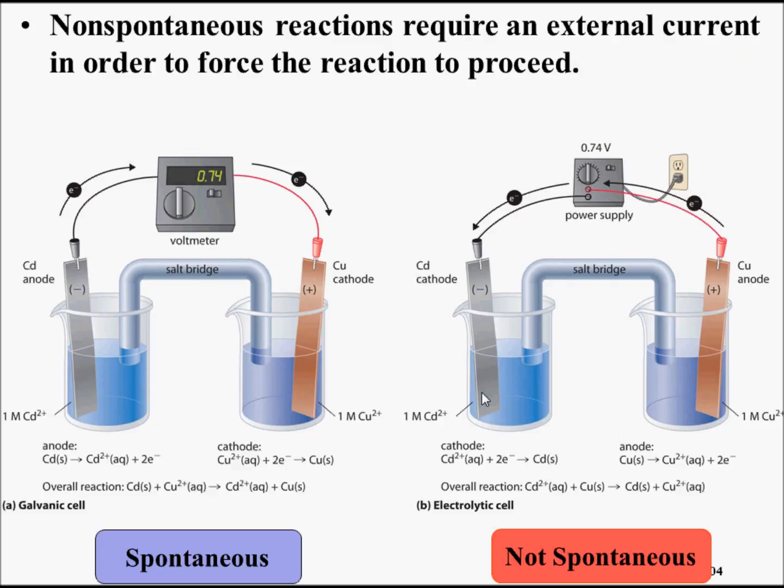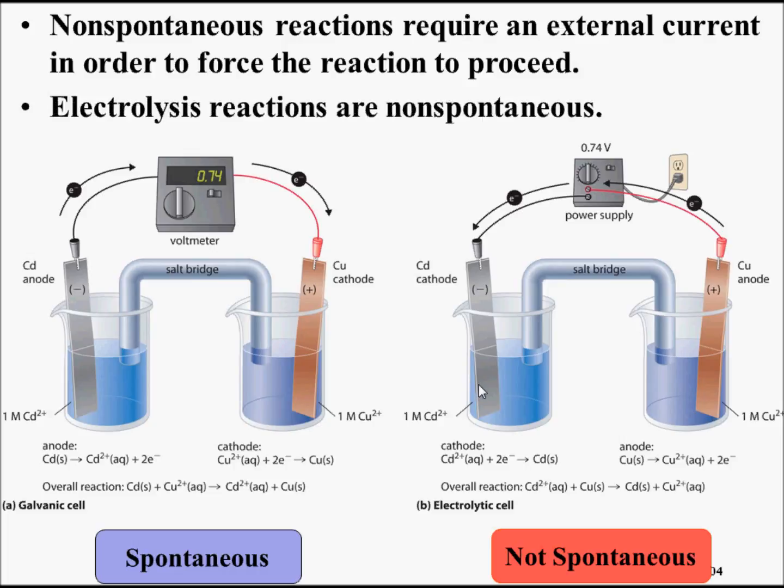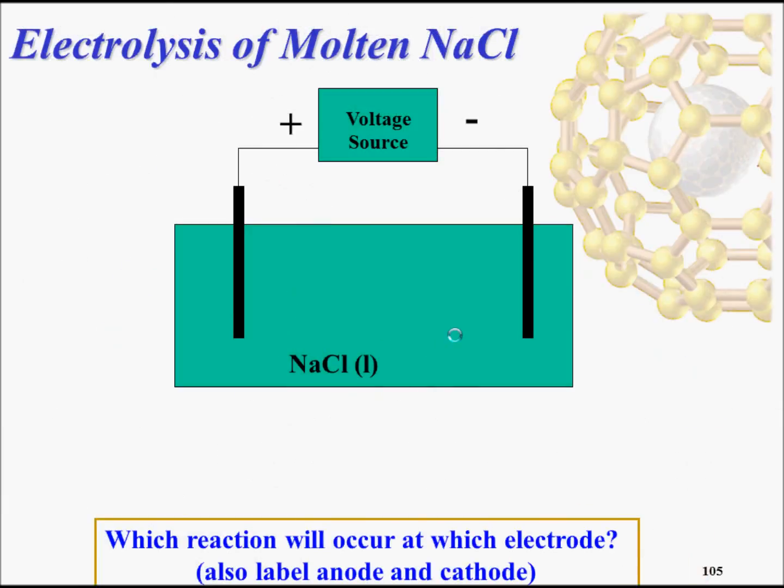We need some type of external power supply, some external current, to force that reverse reaction to go. Okay, so big difference. Electrolysis or electrolytic cells are reactions that are non-spontaneous. They have to have that external power supply to get them to go.